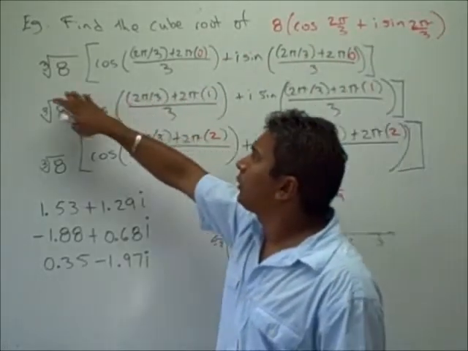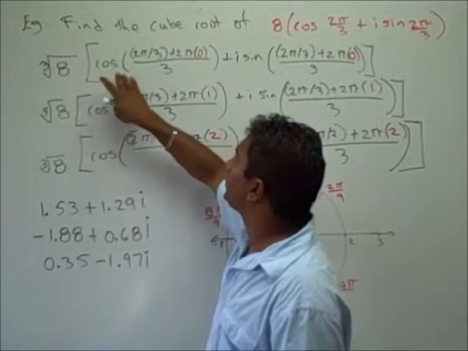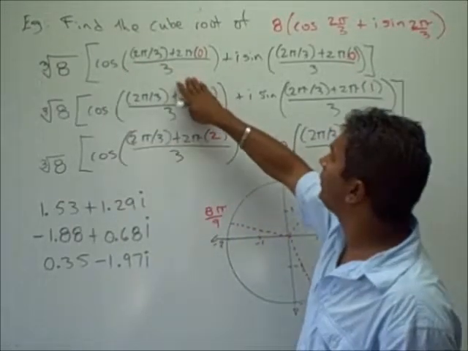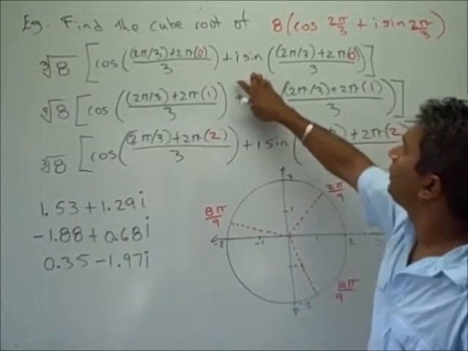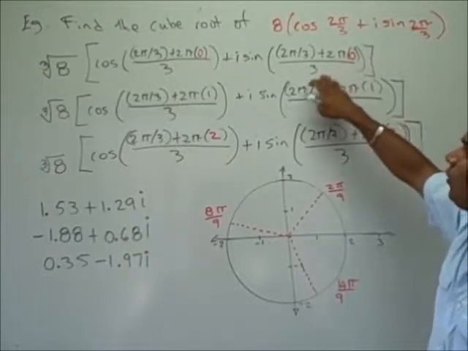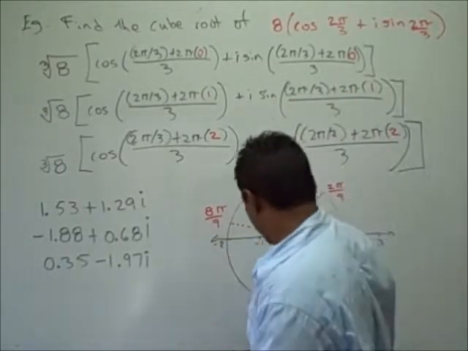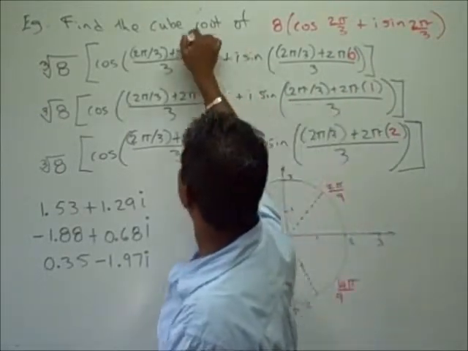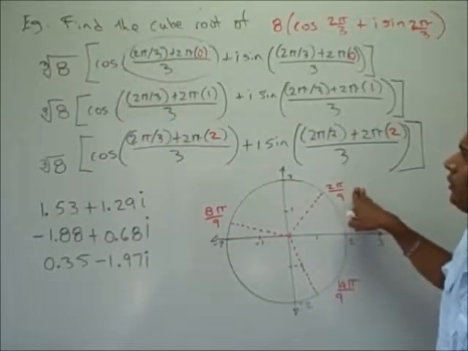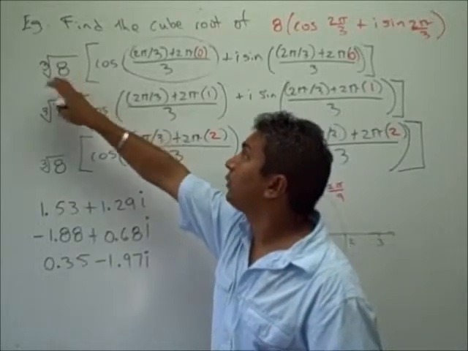So now we have the cube root of 8 times the cosine of 2 pi over 3 plus 2 pi times 0 all over 3 plus i times the sine of 2 pi over 3 plus 2 pi times 0 over 3. Now all this expression here simplifies to 2 pi over 9. So this becomes the cube root of 8, which is 2.